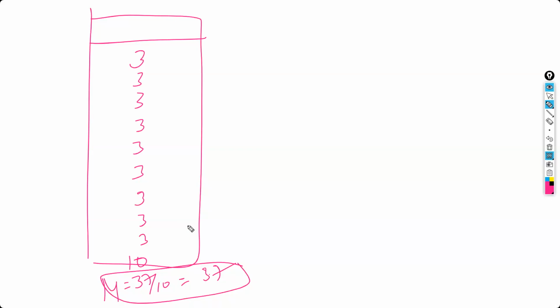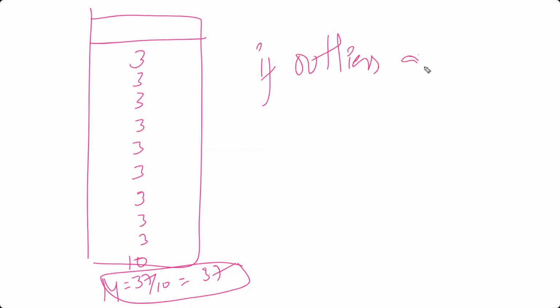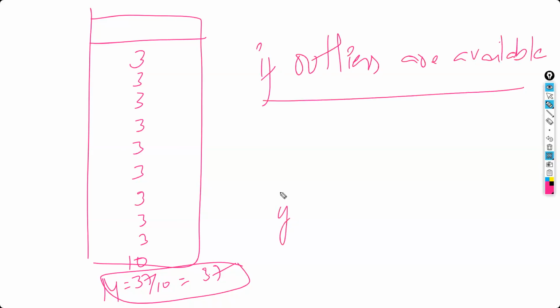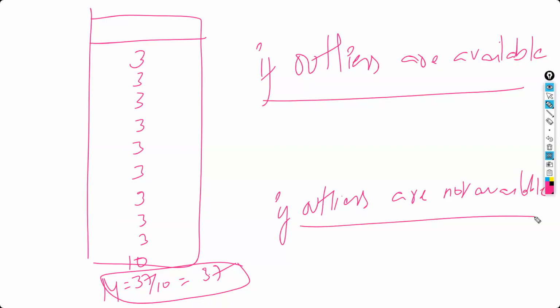Now in this case, what we have to consider is that average is not the right parameter. Median is the right parameter. Whenever outliers are available, and if outliers are not available, then which is the best measure of central tendency?